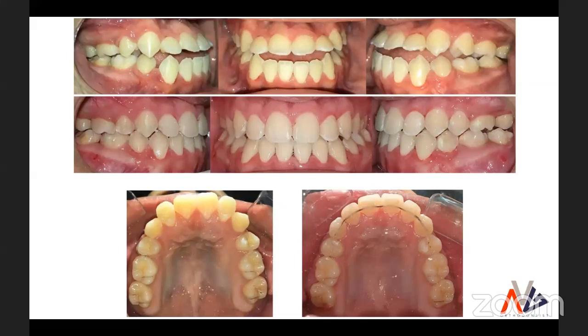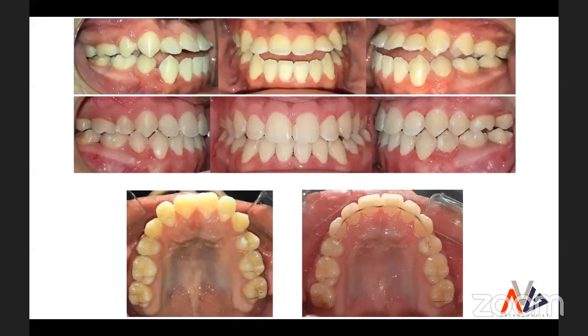I think the envelope of discrepancy has probably advanced a little more with the advent of skeletal anchorage, but the basics remain the same. The amount of bone still remains the same. You can't retract 10 millimeters, or 5 or 6 millimeters, on the lower because you have just that much labiolingual cortex to do that. So you have to be very careful again.